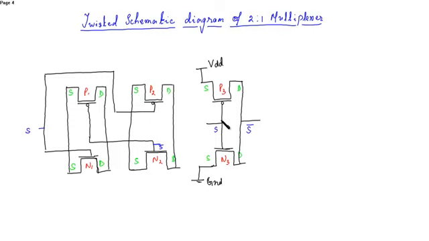So this is poly and this is metal. Over here there is poly. S bar, this is poly, again poly. So directly can't go from here. This is S bar. This is poly and this is metal, so not a problem. S bar, and here S, this is also poly.